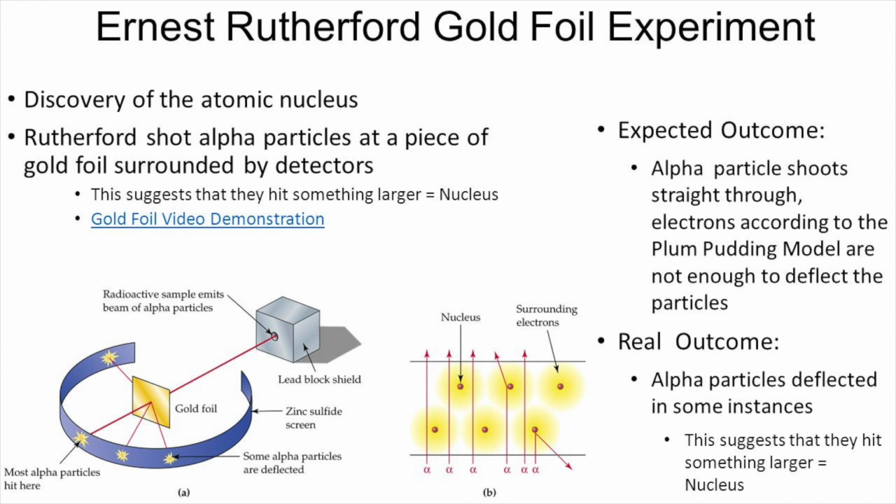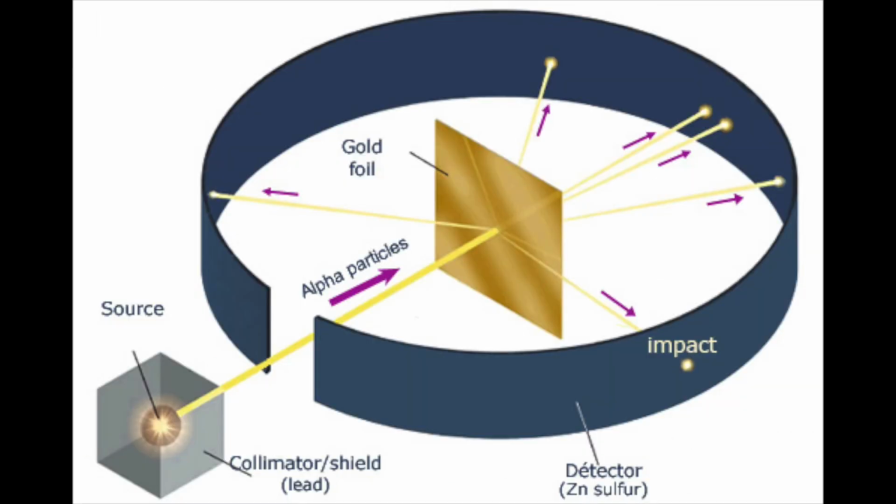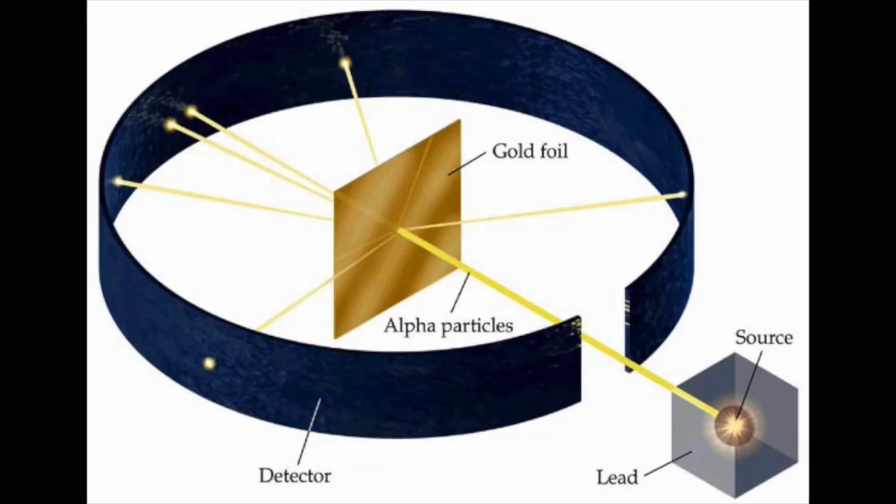1911. Ernest Rutherford, working at McGill University in Montreal, designed an experiment to test Thomson's and Nagaoka's model. He aimed a type of radiation called alpha particles, positively charged particles smaller than most atoms, at a thin sheet of gold foil.